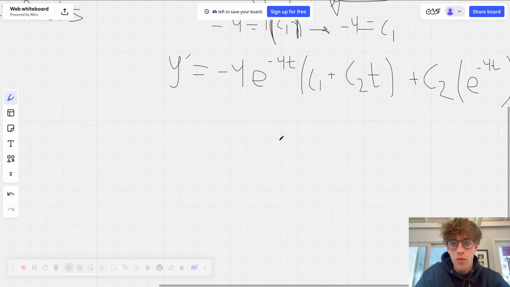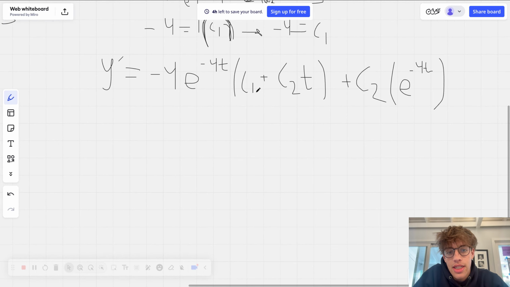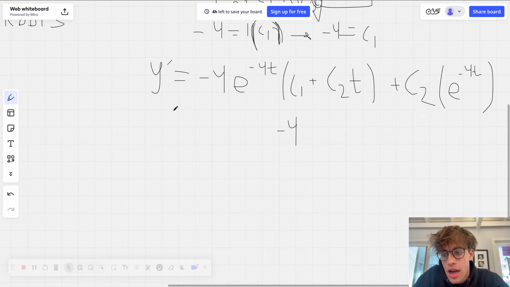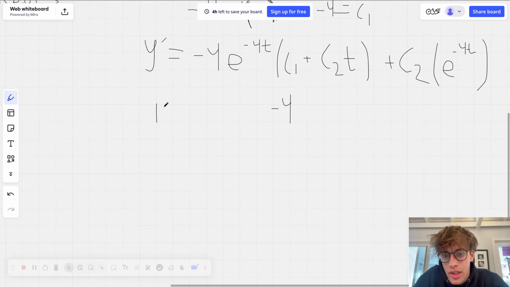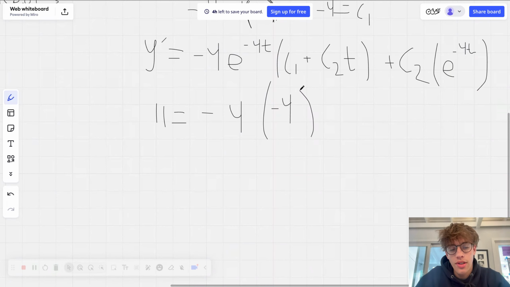Now we have this. I'm going to plug in C1, which is -4, and I'm also going to plug in our initial condition, which was 11. So 11 equals, and this is just 1 because it's to the 0, so we have -4, and it's just going to be C1 because this t will be 0, plus C2.